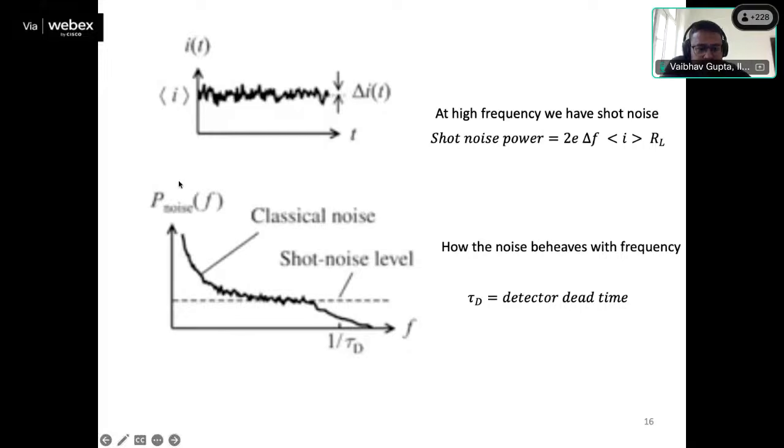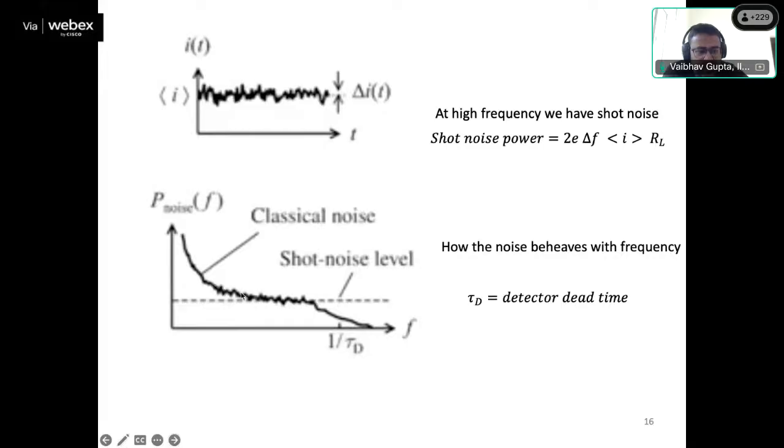Here is the graph showing how noise on the y-axis depends on frequency. At lower frequency there are a lot of classical noises, perhaps due to vibration and so on; flicker noise is also 1/f dependent, so the lower the frequency, the higher the noise.